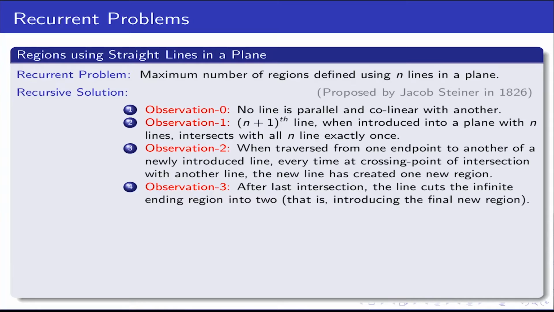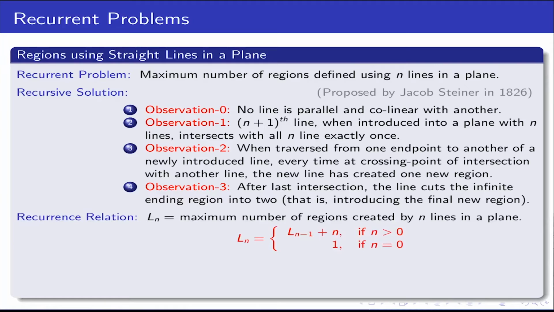So, therefore, I have n plus 1 regions increased when I introduce the n plus 1th line, which is crucial to form the recurrence, because we say that we have already n lines and then we are introducing the n plus 1th line.